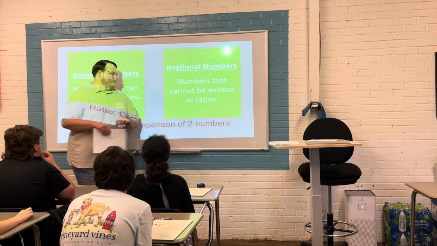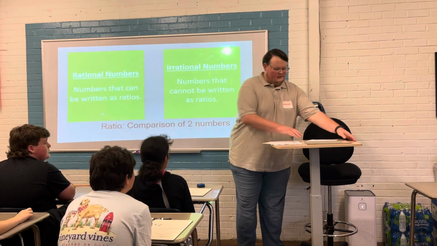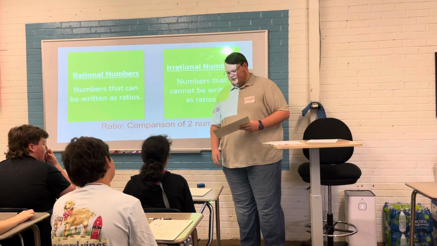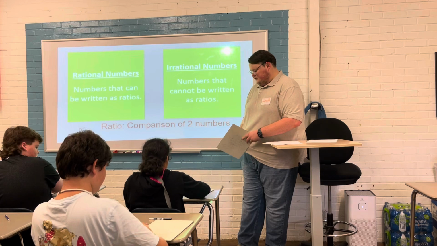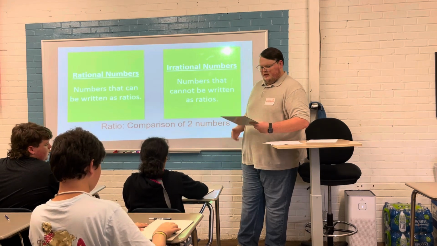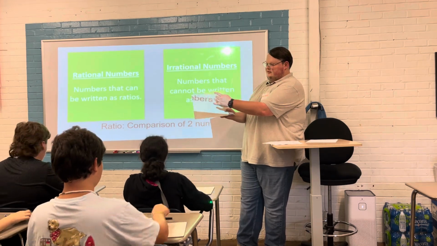Now before we go through the rest of this PowerPoint, you can clear them off without erasing. Just leave the columns and stuff for rewriting if you have to. Just write it the same way, down the middle, rational, irrational.